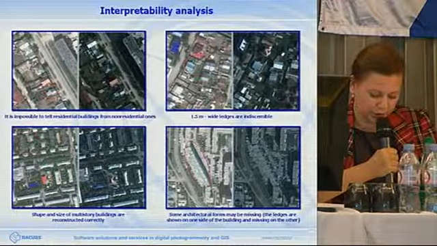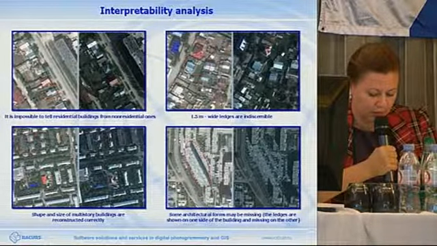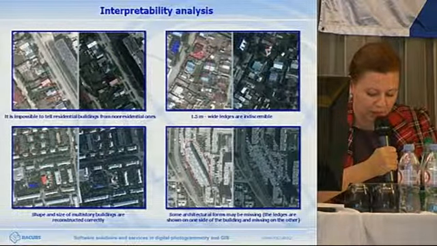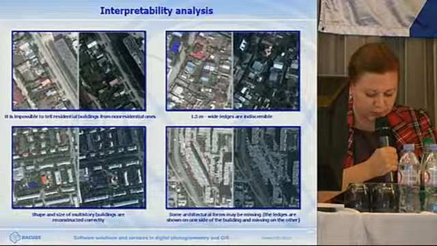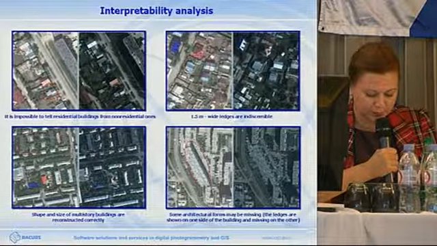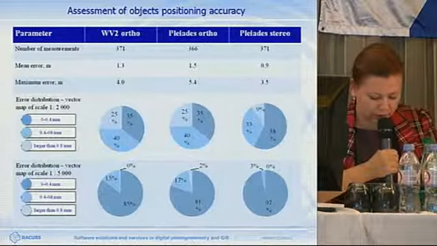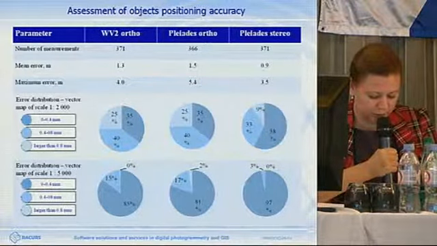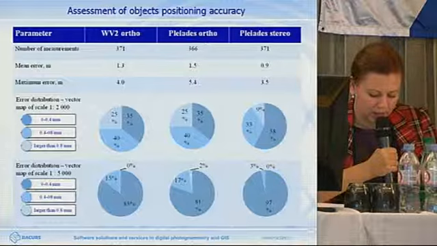The average error of angles for Pleiades and Worldview is 1.3, 1.5 meters. The average angle error in stereopairs is better. All the measurements were summarized in one table, and you can see them here on the slide.